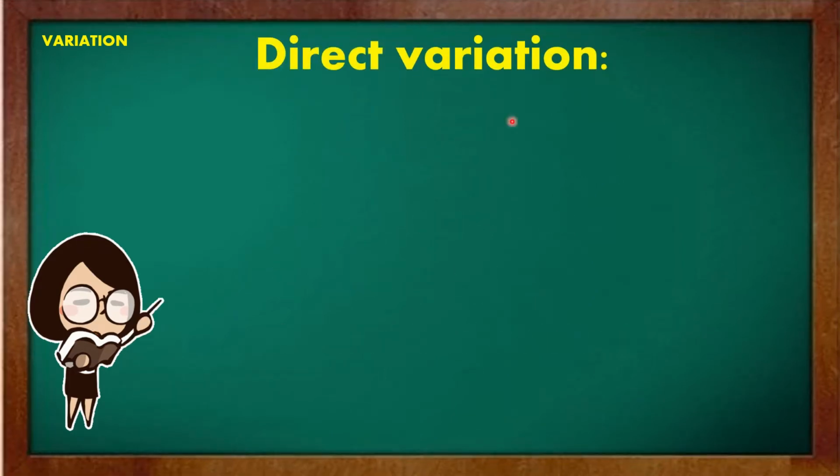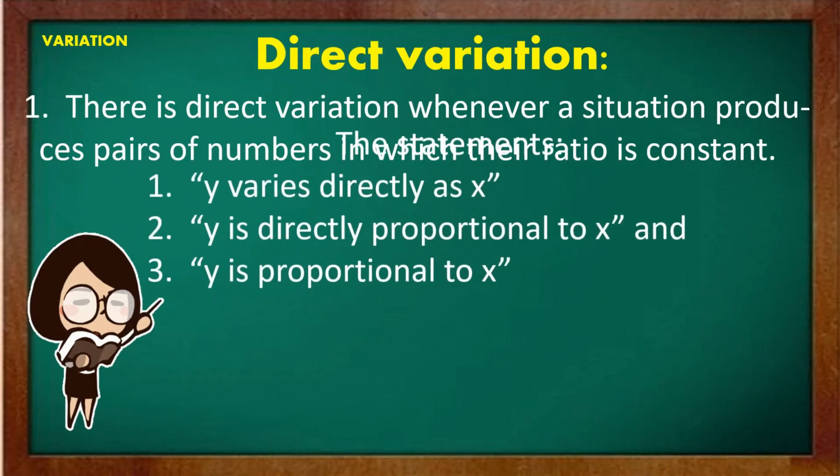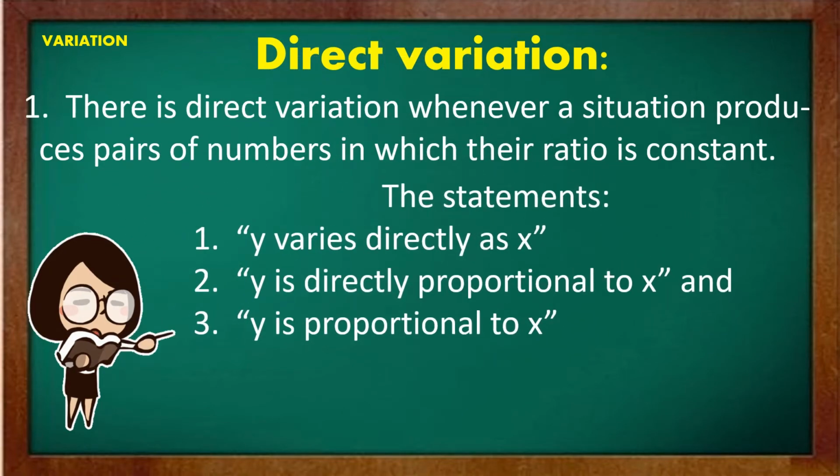The first variation is called direct variation. There is a direct variation whenever a situation produces pairs of numbers in which the ratio is constant. The statements we have: first, y varies directly as x.